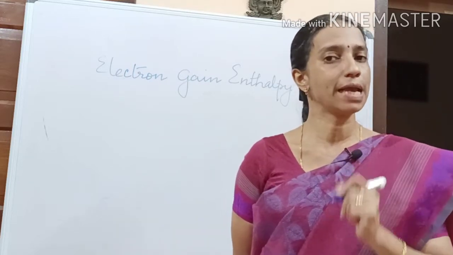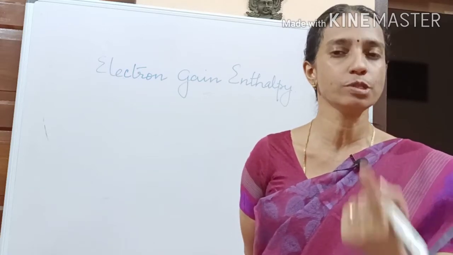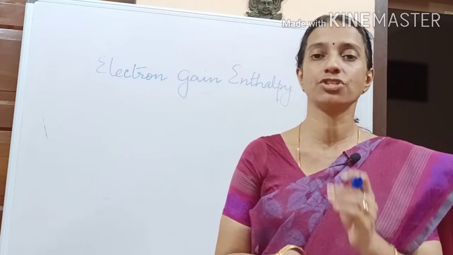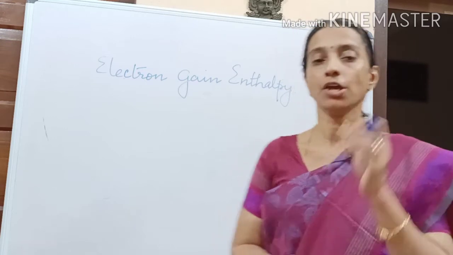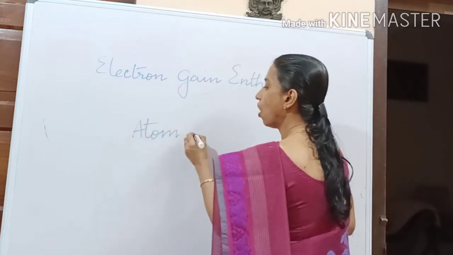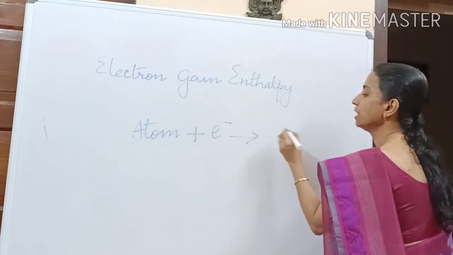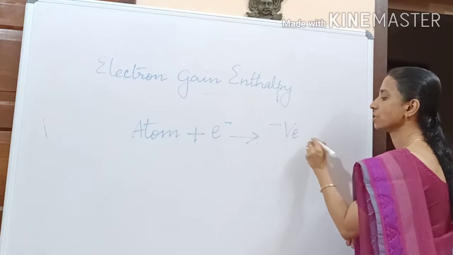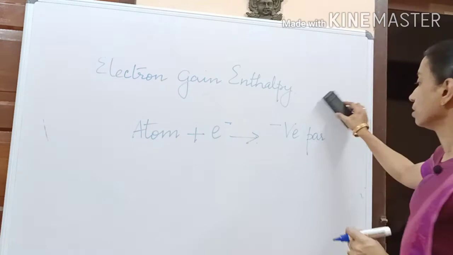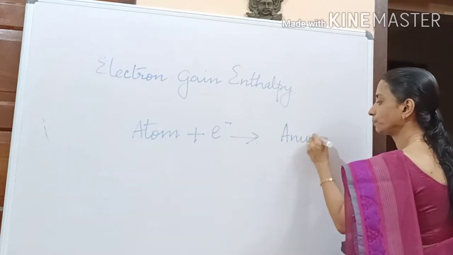Electron gain enthalpy means the energy associated when an electron gets added to a gaseous neutral atom. You have learned that atoms are generally neutral in nature. Upon adding an electron, it turns into a negatively charged particle, so a negatively charged ion, or anion, is formed.